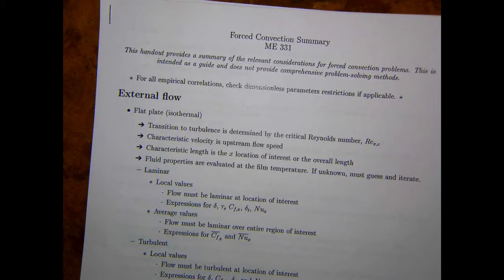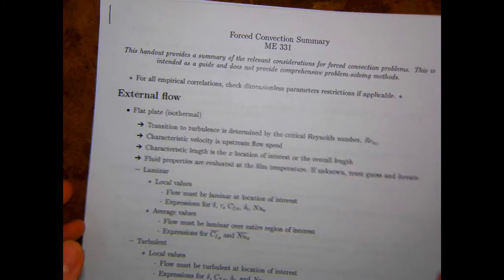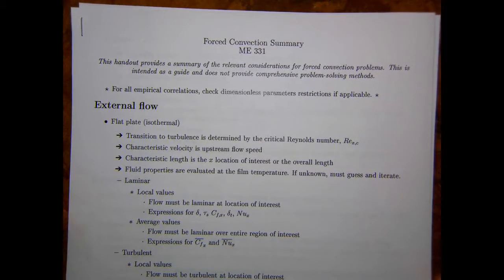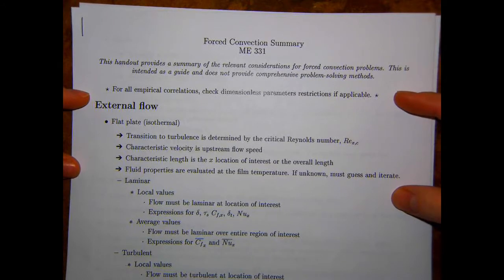You don't need to write any of this down unless you want to, because I'll post this on Canvas. For external flow and internal flow, if you're posed with a forced convection problem, where do you start thinking? Where can you start your problem solving, and what conditions do you need to consider? Right at the top, for all empirical correlations, you have to check the dimensionless parameter restrictions if they're applicable.